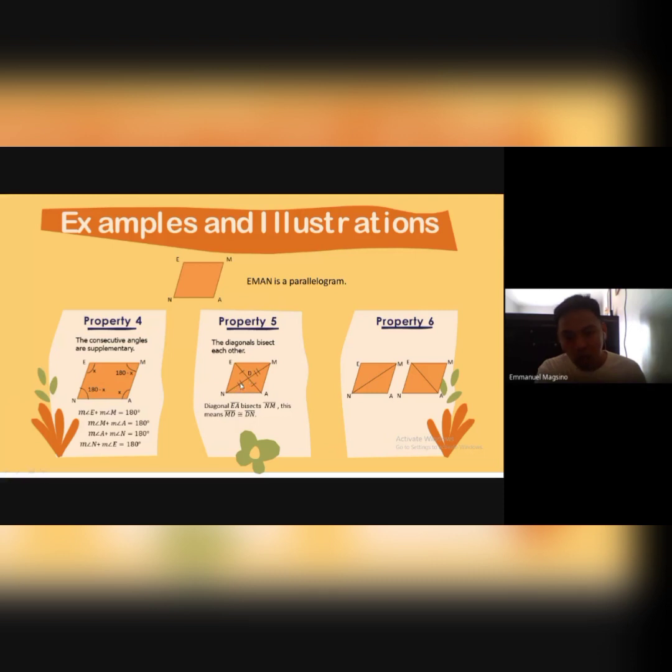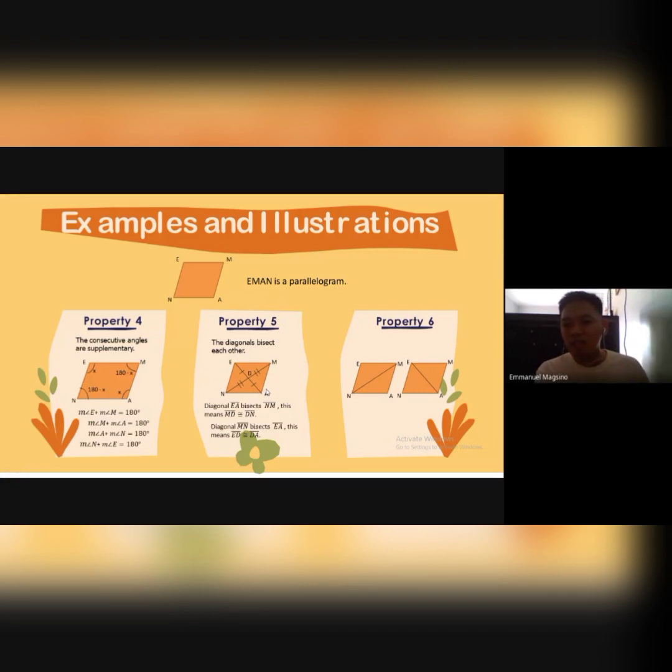So equal po yung measures nila. So kapag naman yung MN nag-bisects po dun sa ating line segment EA, so this means that line segment ED is congruent to line segment DA. So yan po yung ating property number 5.